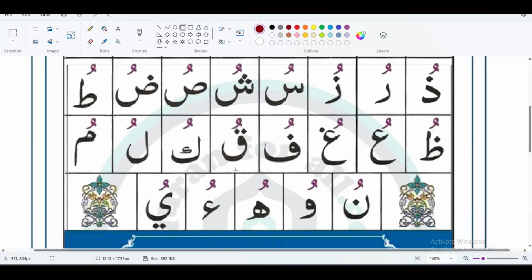And whenever any letter has any movement sign on it, we call that letter a moved letter. For example, if Lam has Dhamma, Dhamma is the movement sign and Lam is the moved letter.